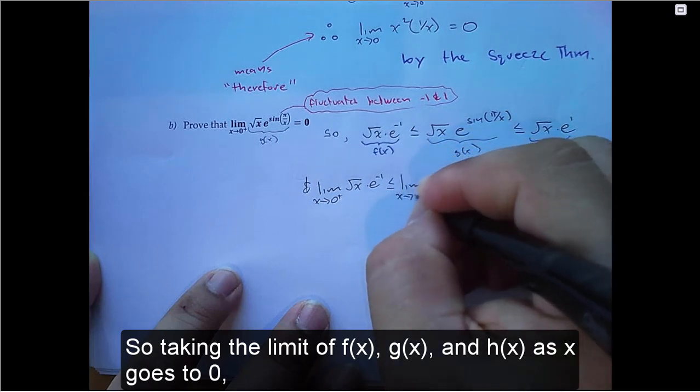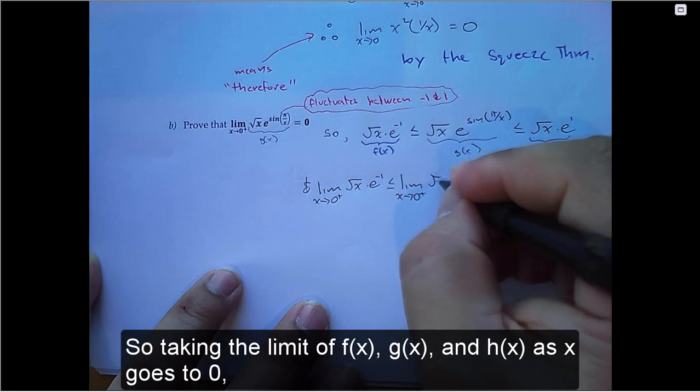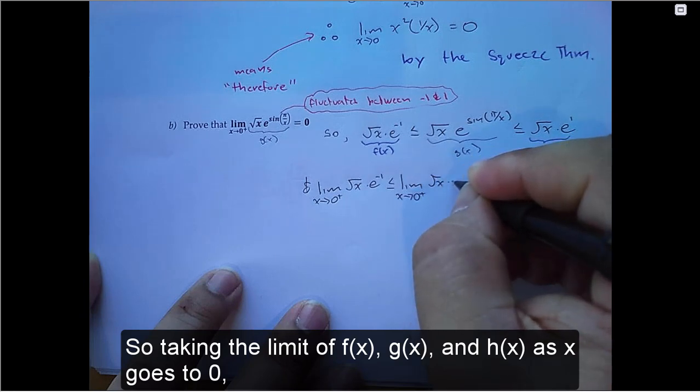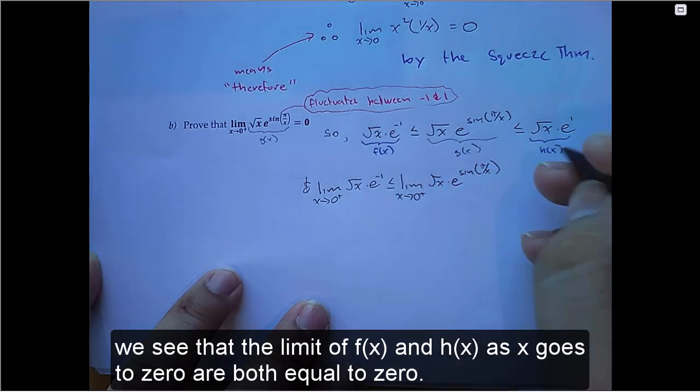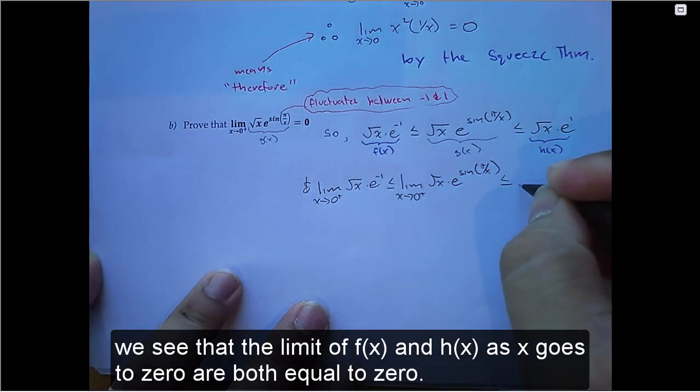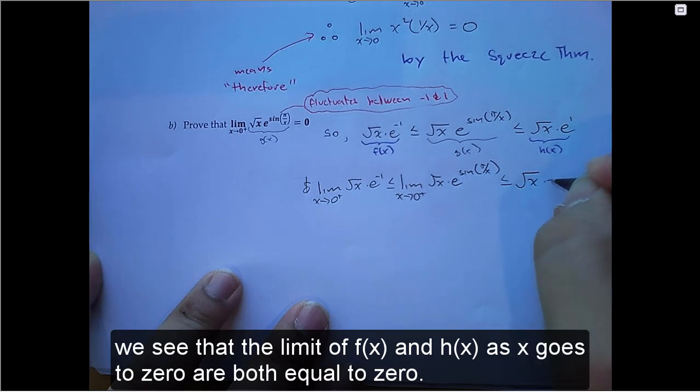So taking the limit of f of x, g of x, and h of x as x goes to 0, we see that the limit of f of x and h of x as x goes to 0 are both equal to 0.